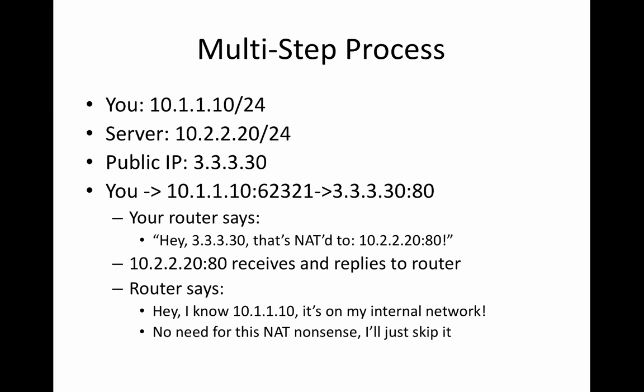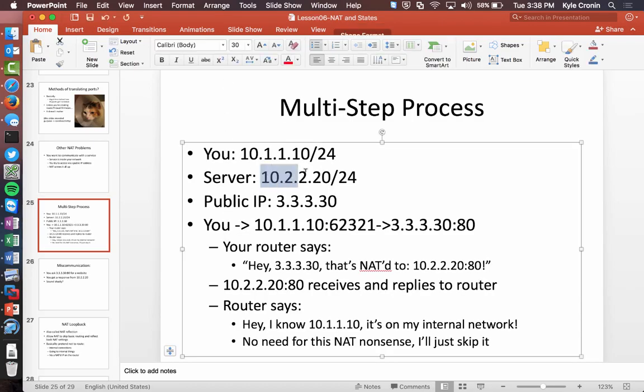So what's going to happen is, I'm going to change this diagram around. That's the actual web server, and let's say this is you on the internal. Oh, actually, I screwed that up.